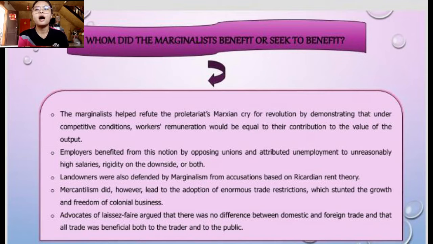Mercantilism did, however, lead to the adoption of enormous trade restrictions, which stunted the growth and freedom of colonial business. Advocates of laissez-faire argued that there was really no difference between domestic and foreign trade, and that all trade was beneficial both to the trader and to the public.